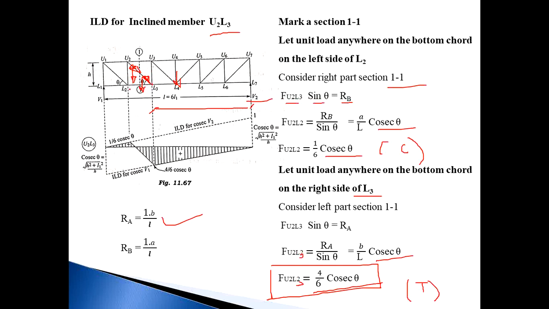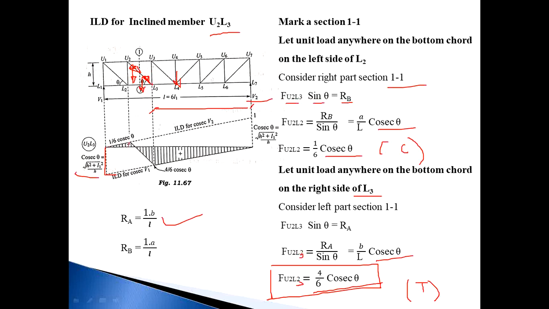So when the load lies between L1 to L2, it will be compression, and when the load lies between L3 to L7, it will be tension. By using this coordinate, cosec theta is equal to the square root of h square plus L square divided by h. From right to left it is 0 and left to right it is 0.